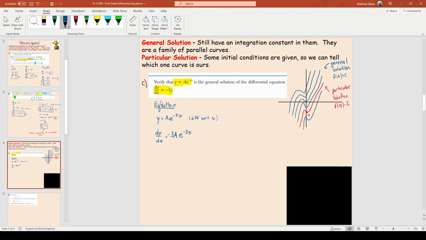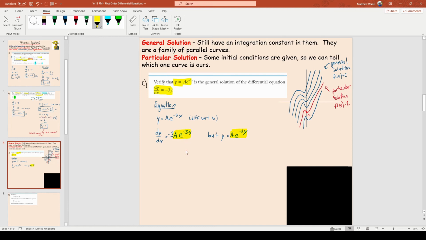But oh drat, that doesn't equal this. Oh no. So our dy/dx is equal to that, but it's not equal to minus 3y, until you spot that y is equal to ae to the minus 3x. So actually, it is equal to that, because check that majestic bad boy out right there. That is that.